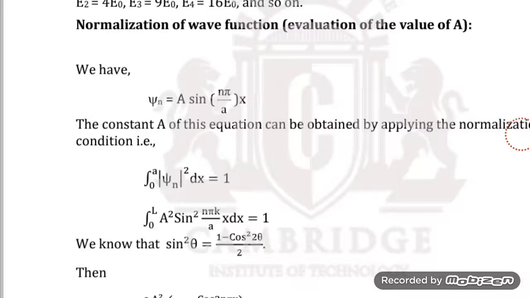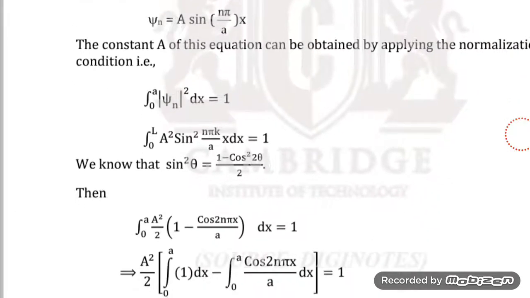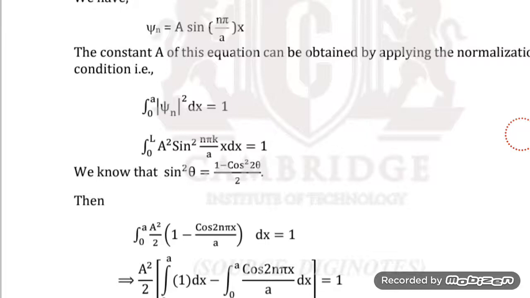We know that sin squared theta is equal to (1 minus cos 2 theta) divided by 2. By putting the value we have A squared by 2 times the integral of 1 minus cos 2 n pi x by a dx, which should be equal to 1.